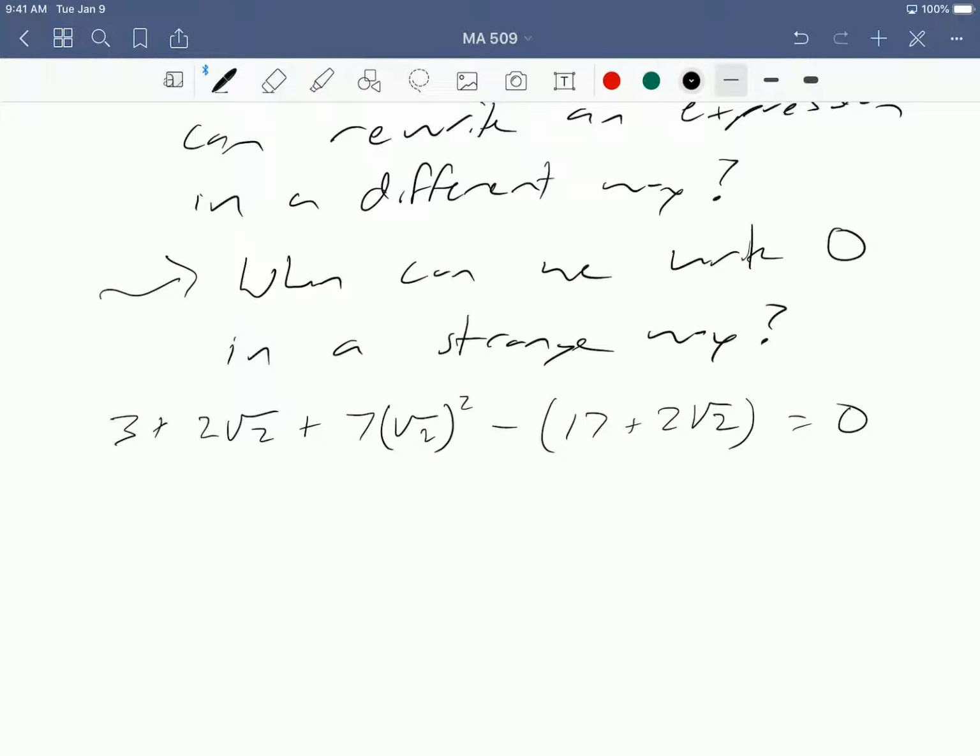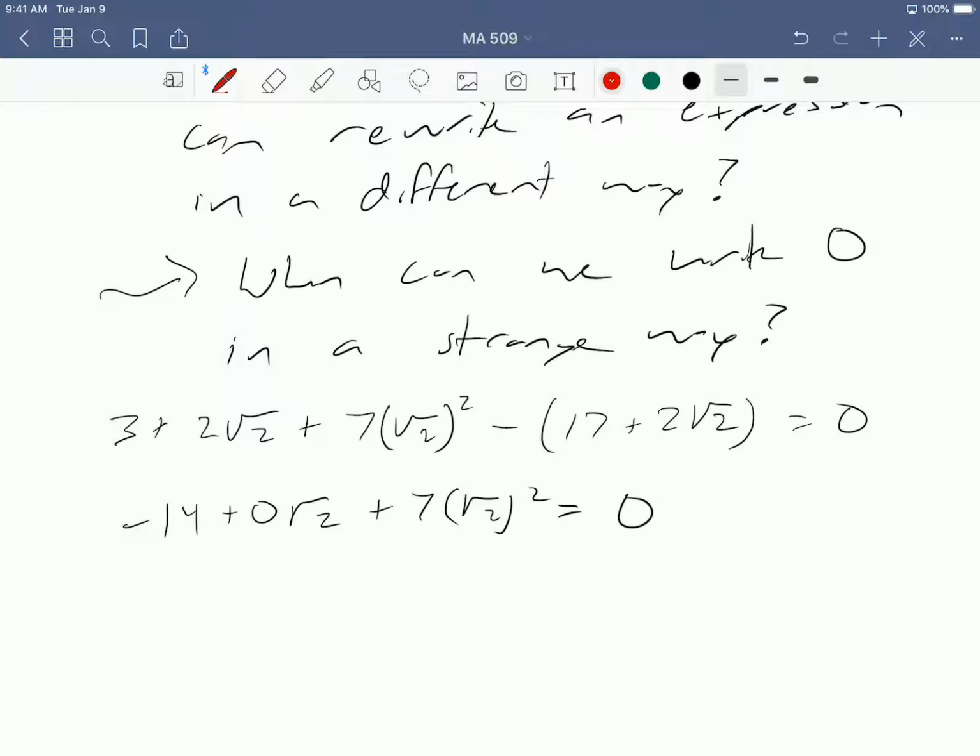And if I combine like terms here, so I have my 3 and I have my minus 17, so that's a negative 14 together. I have a 2 root 2 and a minus 2 root 2, so that's no root 2's. And then I have a 7 root 2 squared. And so what I'm saying in this example is that I can write this expression equal to 0 in a way that doesn't look like 0 immediately, right?